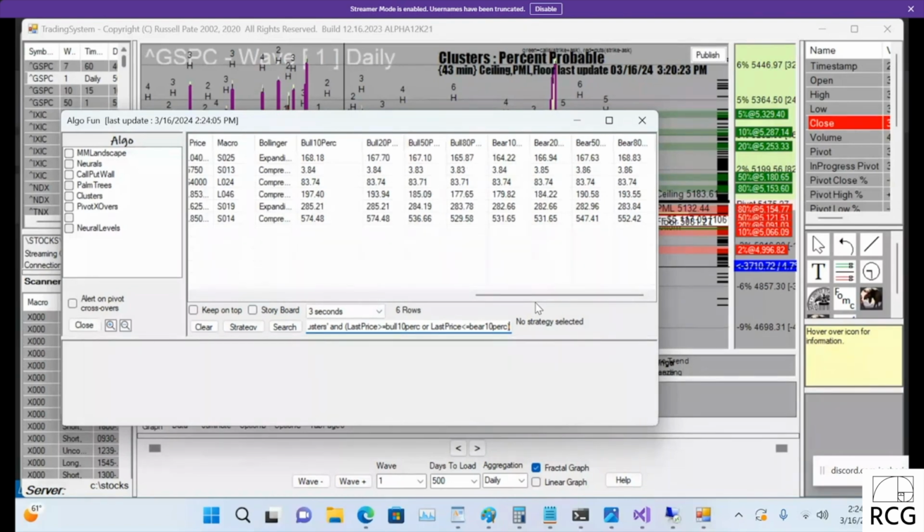So when you're greater than or equal to bull 10%, there's a couple of issues. One issue is the vector is going to take time before the price crosses through it. It's possible when you go up and spike through it, I see this a lot, that the price comes back down almost immediately.